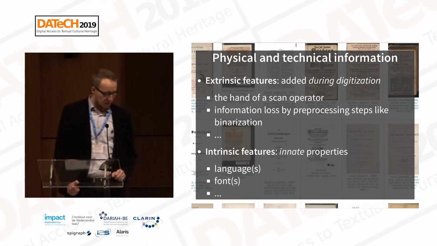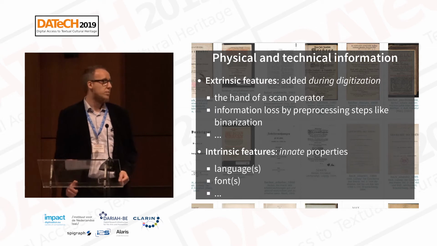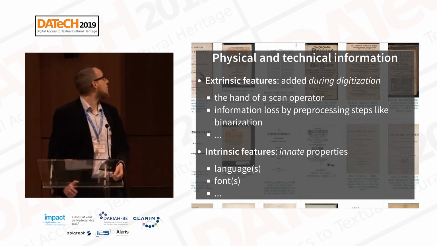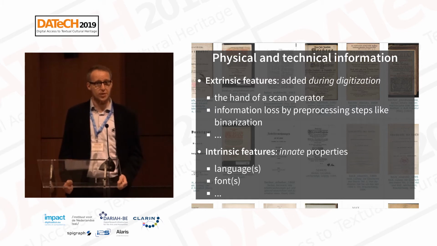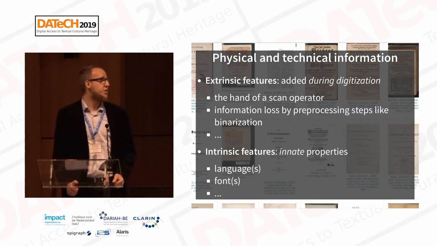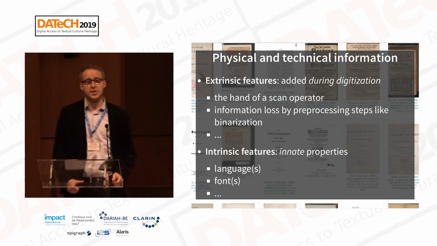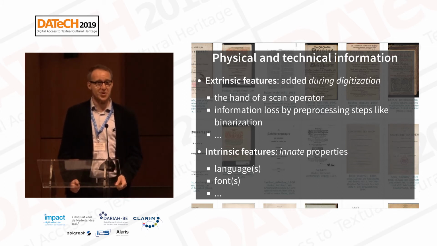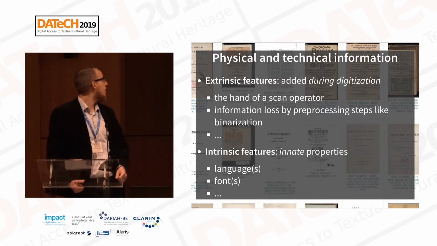But what about these physical and technical properties that I've already mentioned? We can distinguish between extrinsic features that were added during the creation of the digital object or during digitization, to simplify. The most blatant example would be if there's a hand of the scan operator on the thing, but also skew or shear if the object wasn't perfectly plain.